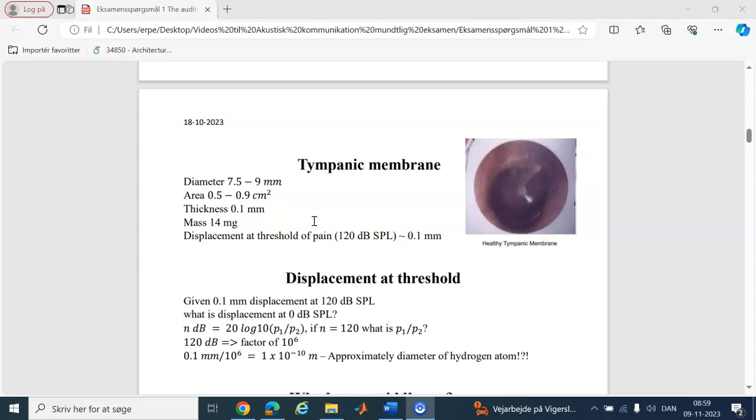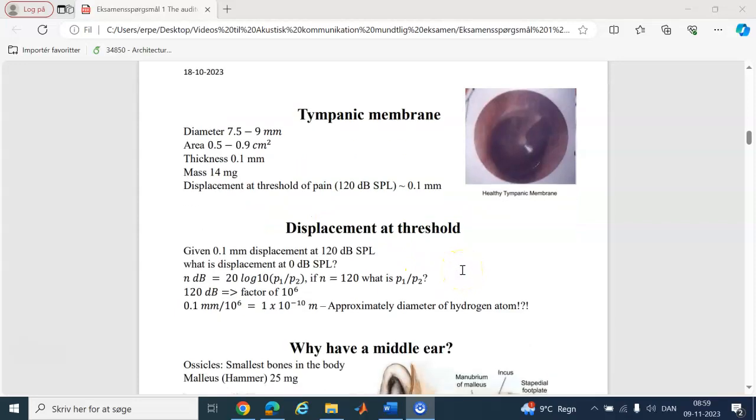Mass, I can't remember, 14 milligrams or so. The displacement at the threshold of pain, which means 120 dB sound pressure level, is let's say about 0.1 millimeter.